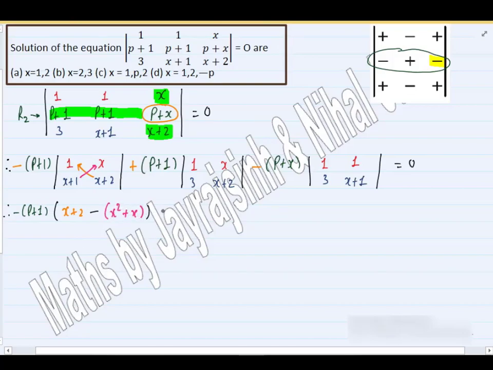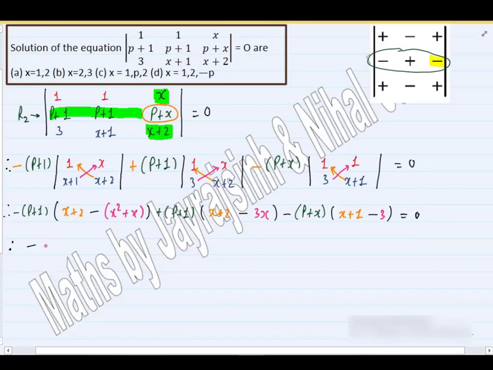Okay, now p plus 1 will be as it is, and multiply x plus 2 with 1 to give us x plus 2, minus 3 multiplied with x to give us 3x, and here p plus x will be as it is, and x plus 1 ones are x plus 1, minus 3 ones are 3, is equal to 0, right?